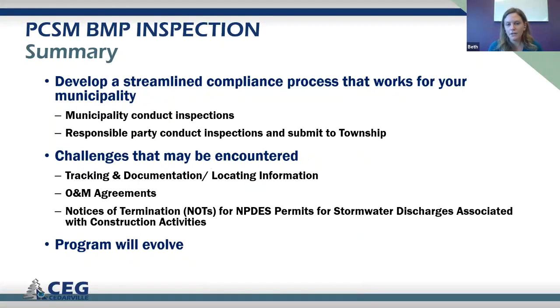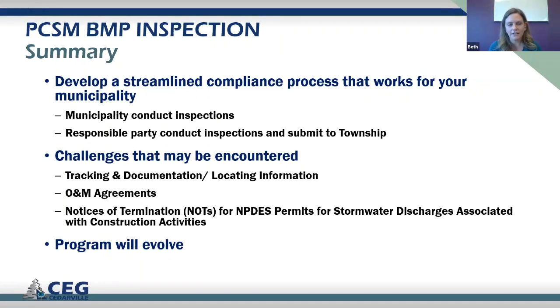And in summary, it's important to develop a streamlined compliance process that works for your municipality. Conducting your own inspections is one option. Having the responsible party conduct inspections and submit that information to the township is another option. However, you have to have a mechanism in place for that, like an O&M agreement.